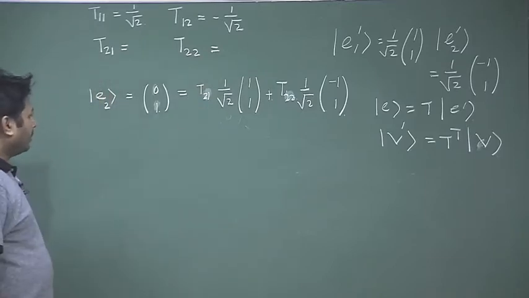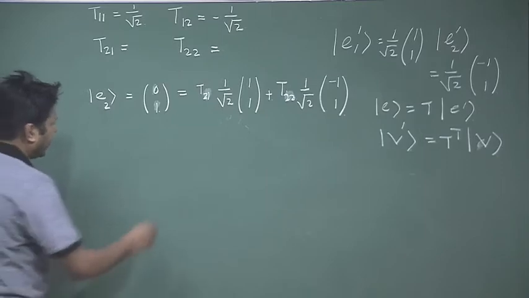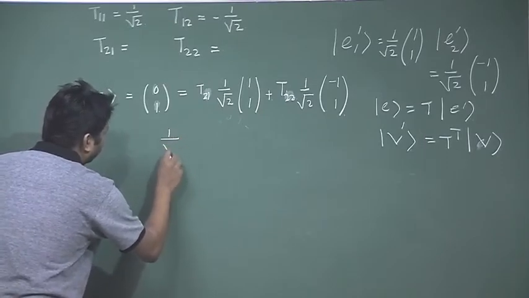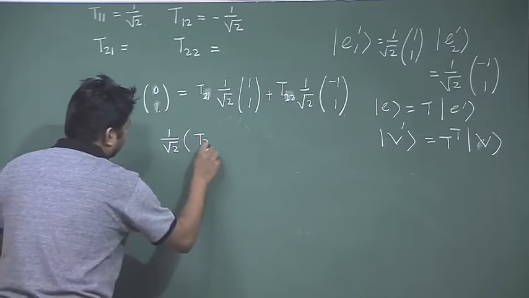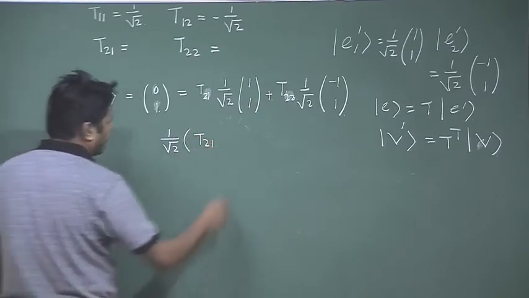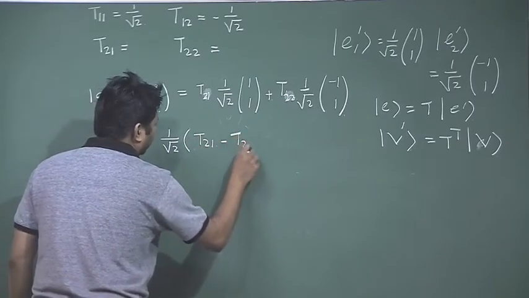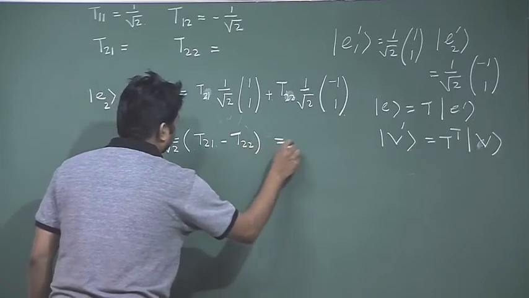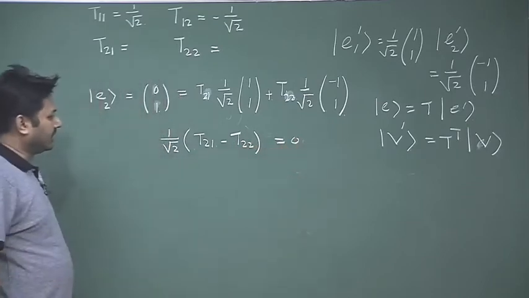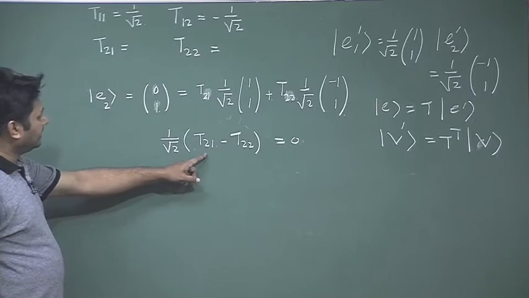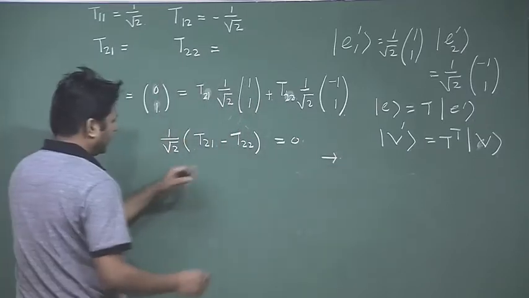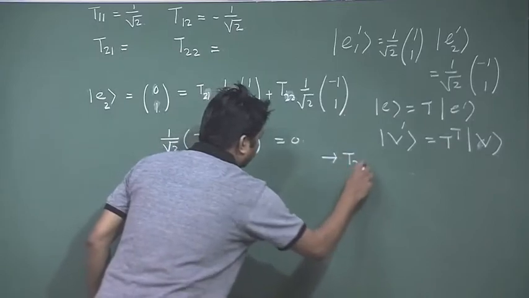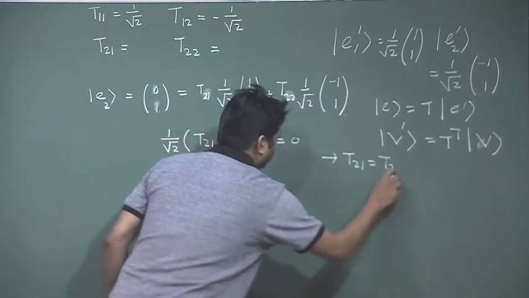So, now with this equation also I can write a similar kind of equation that we will find here, T21 minus T22 is 0, first equation. So, when the first equation is here, I can readily write from this equation that T21 should be equal to T22.